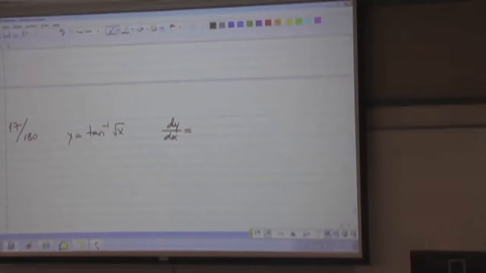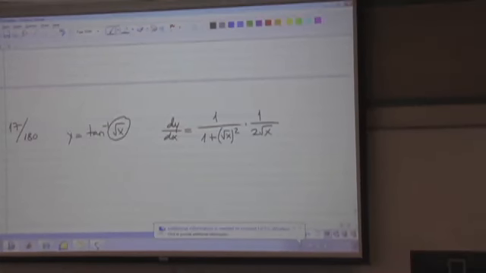Second word is rule. First rule is chain. One over 1 plus whatever quantity I have here squared times the derivative of my quantity, which is going to be 1 over 2 times the square root of x. Does that make sense? That makes sense. Yeah?